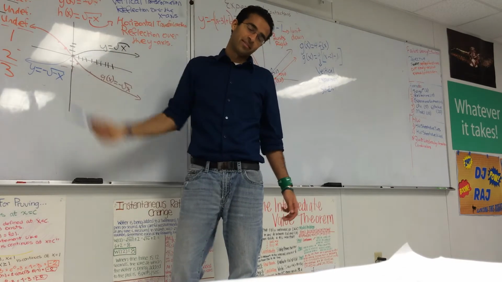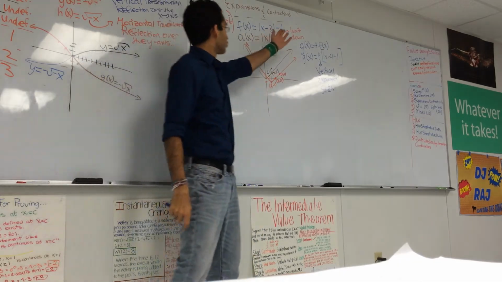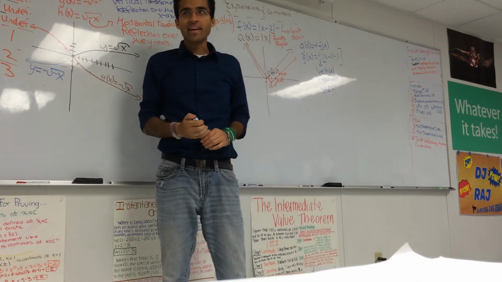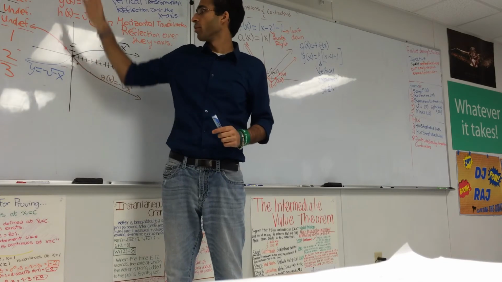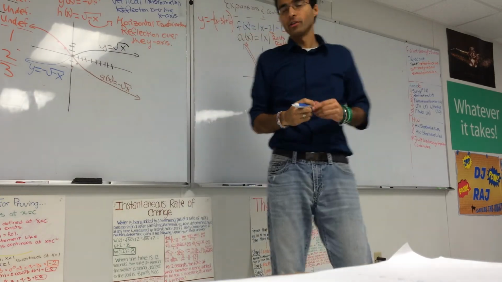Come on, folks. Vertical transformations, shifting down 1 unit, having the negative outside, they affect the y coordinate, because the y axis is up and down. So this is a vertical expansion.